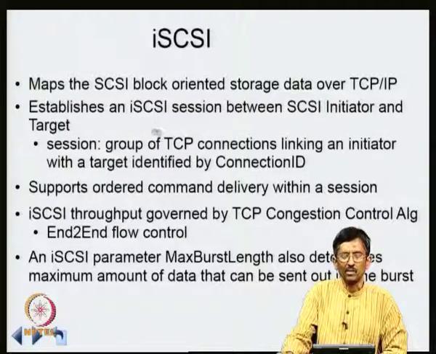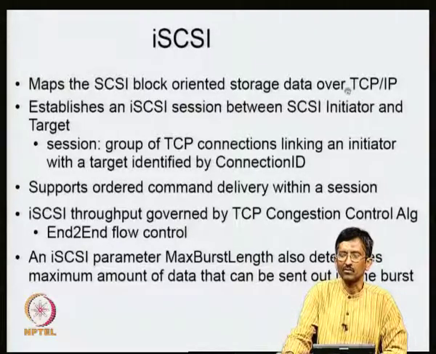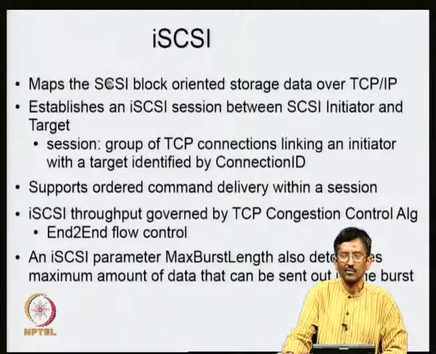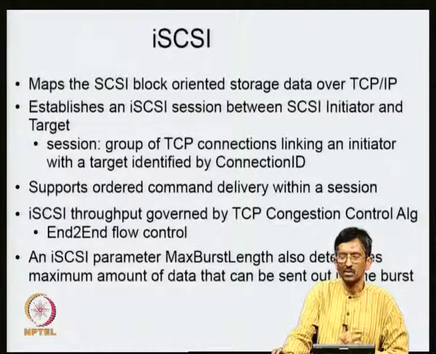So again, just to reiterate, in iSCSI what we do is we map the SCSI block oriented storage data over TCP/IP. Now notice that TCP/IP is what is called a stream protocol, and you have to essentially layer on top of it something which has got a structured way of sending the data.